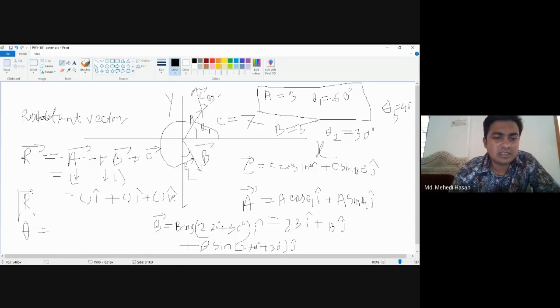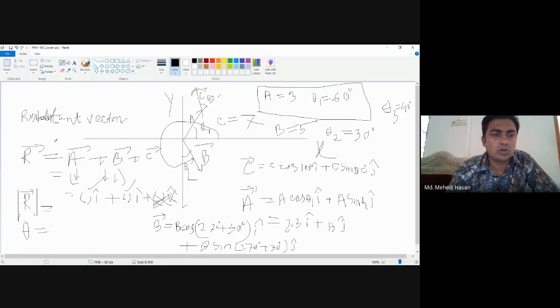Now from this you can easily find the magnitude, root over x squared plus y squared plus z squared. And in case of the angle, there is no k value here, just i and j. So in this case theta will be tan inverse y divided by x.